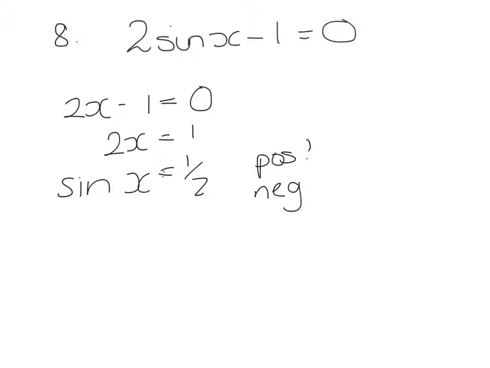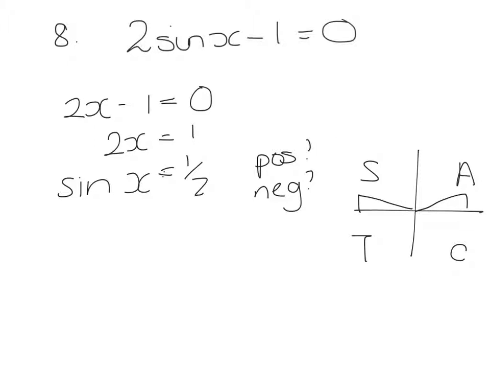If sine x is positive, think of your CAST diagram. What 2 quadrants do you want it to be in? If it's positive, we're going to want it in All and Sine. You're then going to need to work x out using your calculator, using inverse sine. And then any other values of x between 0 and 360 using your CAST diagram. Same for the cosine question.